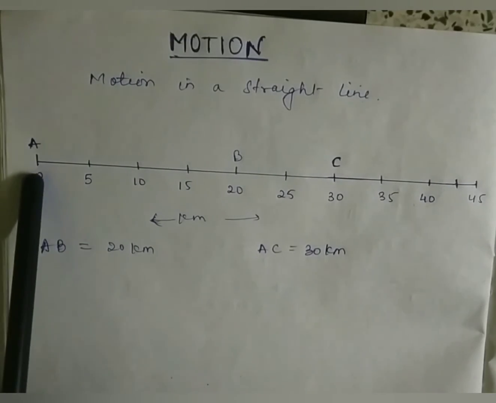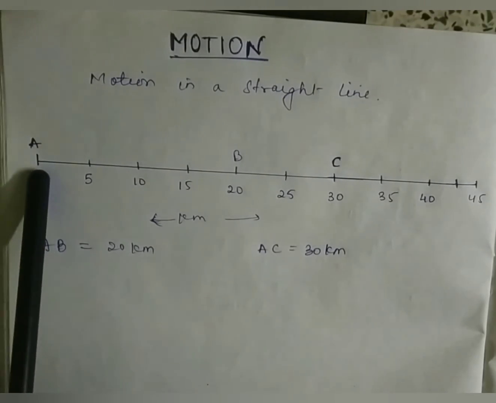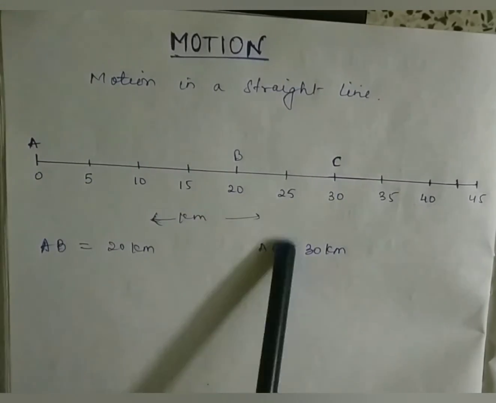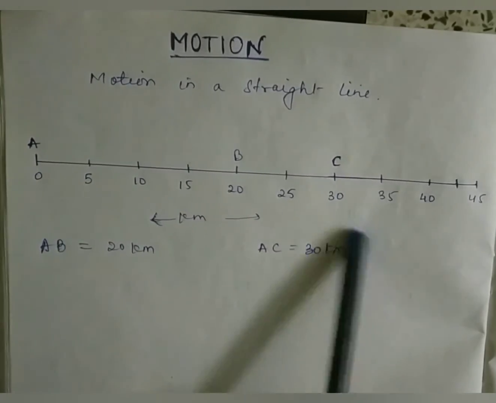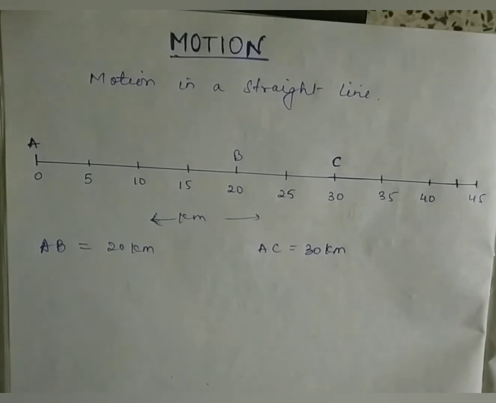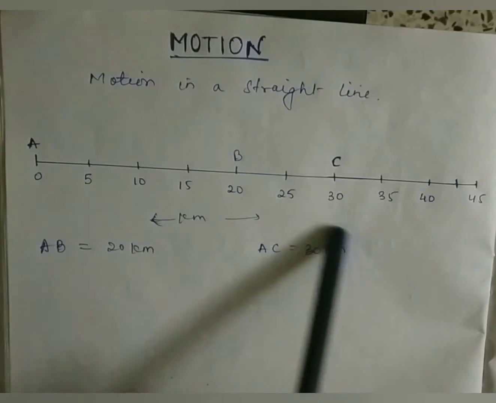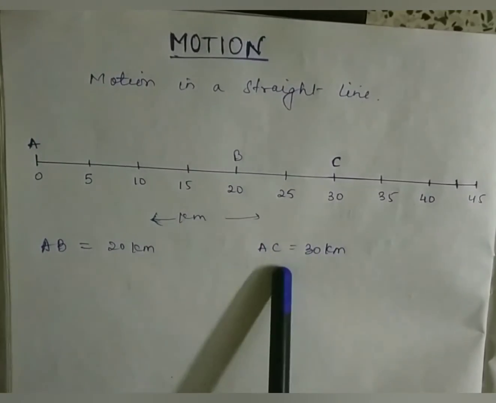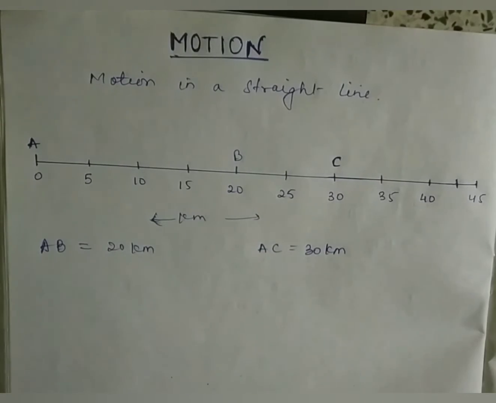The total distance is 30 kilometers. See, AC is equal to 30 kilometers. If we talk about the displacement here, it is also 30 kilometers. So in this case also, the distance and the displacement are the same.